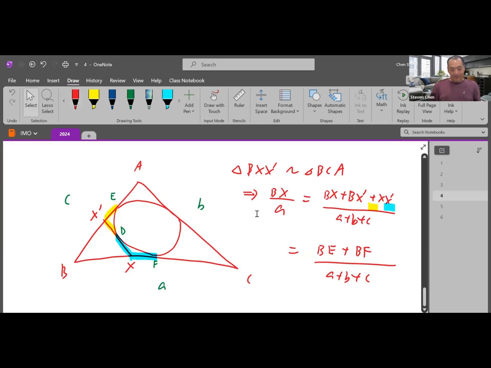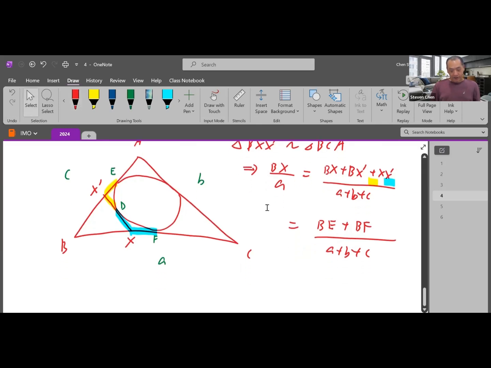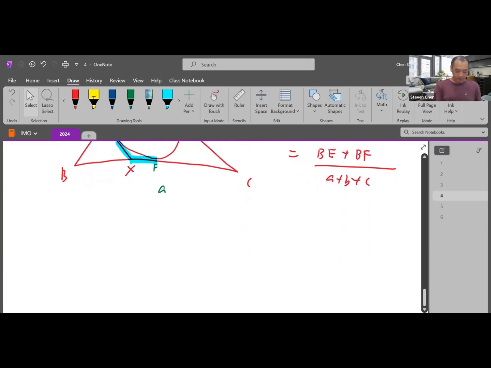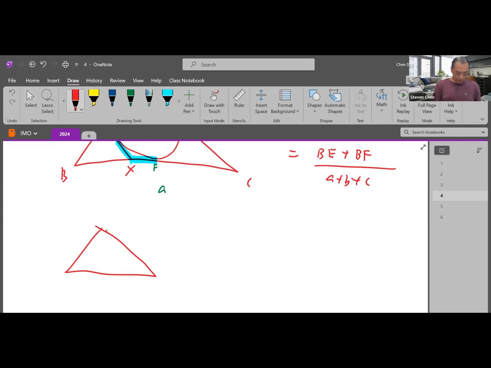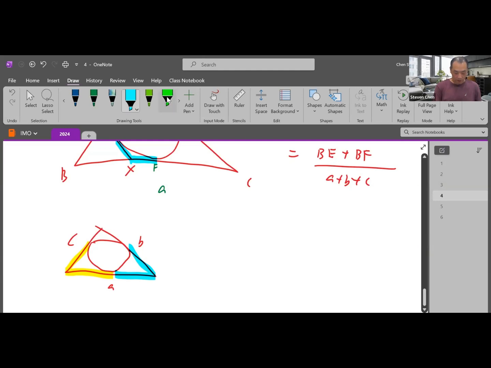And we know that BE and BF are tangent to the incircle. Actually, for the incircle, we know a very important result. Suppose we know the lengths of the three sides are a, b, c, right? Then we have the closed form formula for the yellow one, the closed form formula for the blue one, and the closed form formula for the green one. Okay.